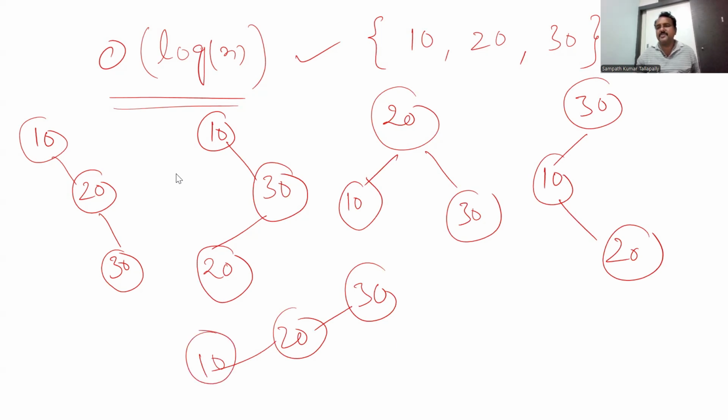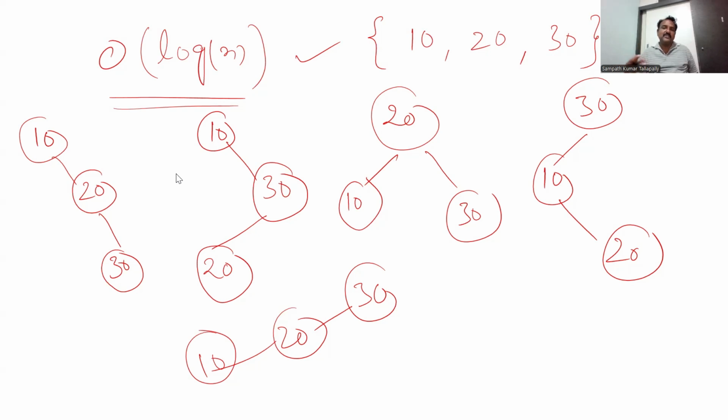So how many forms now? Just for 3 elements in my set, we have 1, 2, 3, 4, 5. So 5 different binary search trees can be created if you have 3 elements.